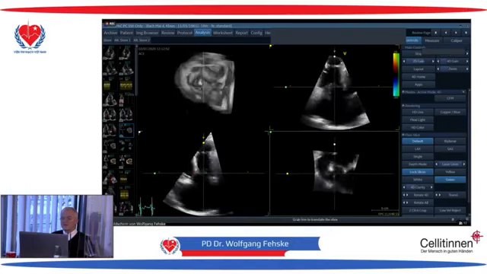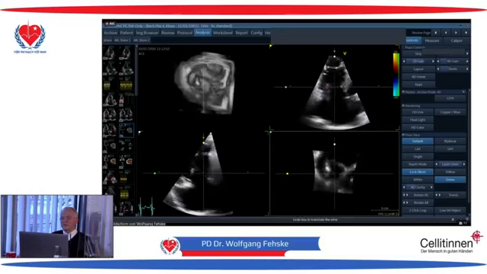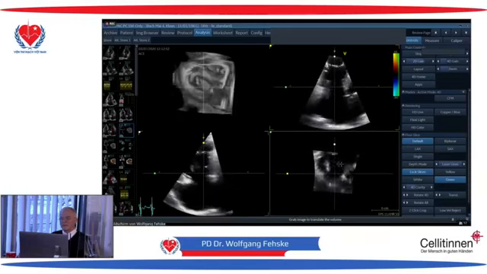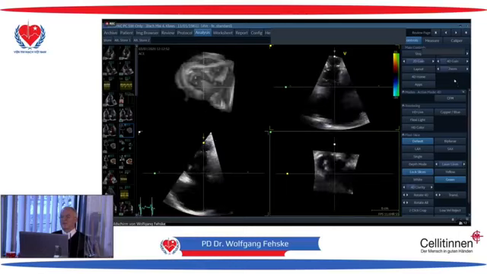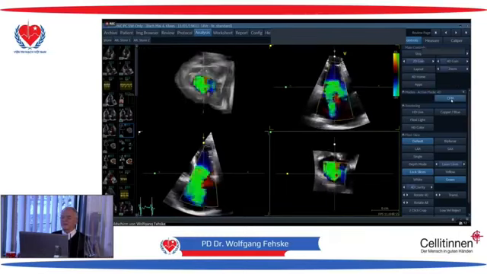And this lead strikes the posterior leaflet and runs between the septal and the posterior leaflet. And which is more important is that there is a huge gap in the middle of this.